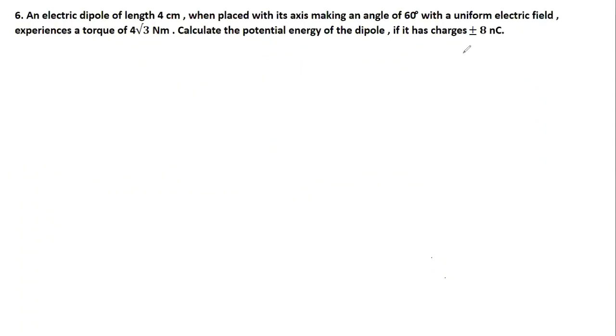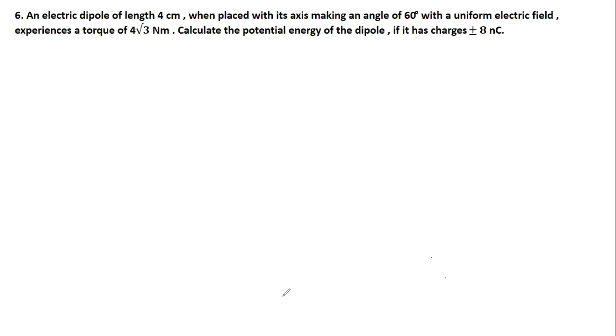Okay, so this is our next question. Now here it is said that you are having a dipole of length 4 centimeter, and this dipole is placed with its axis making an angle 60 degree with the uniform electric field.